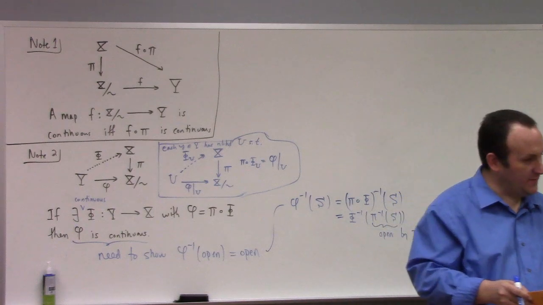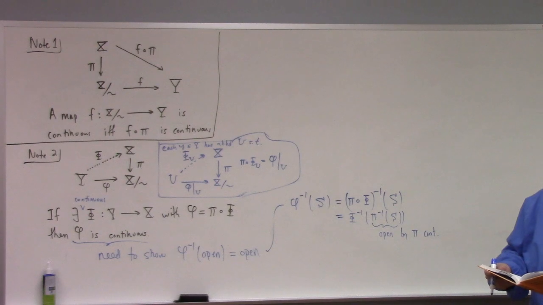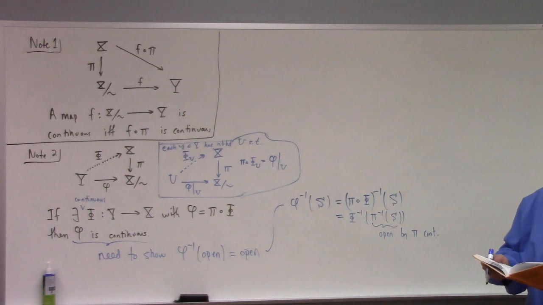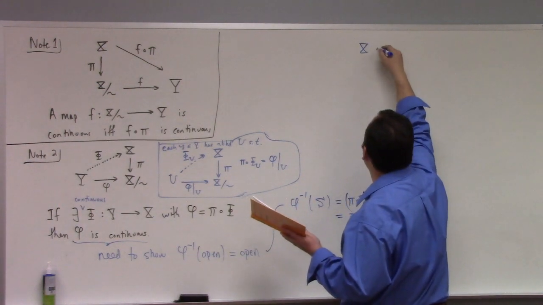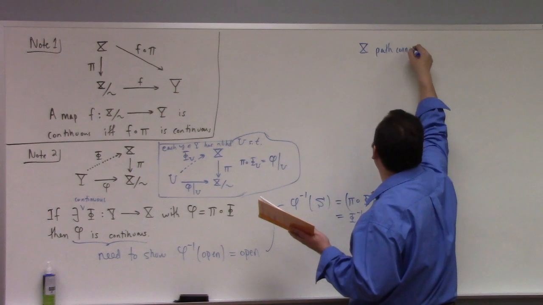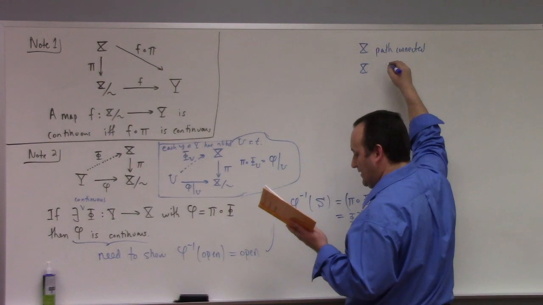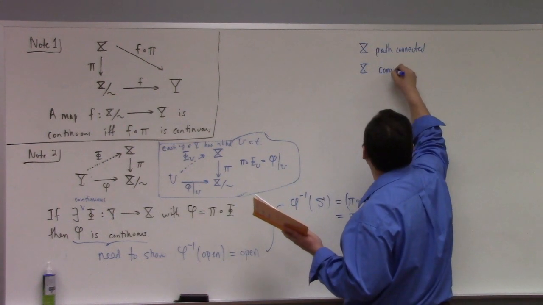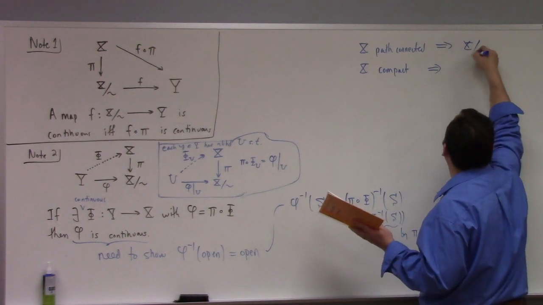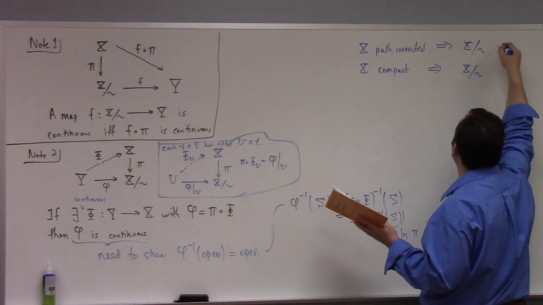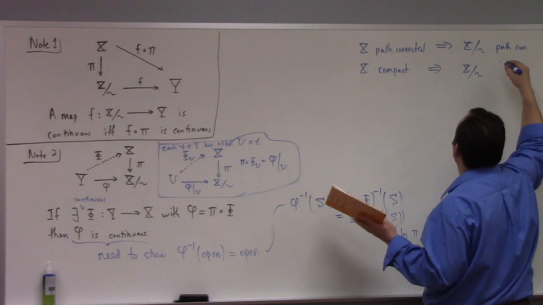Now the next couple pages here, action-packed. All right, so let's go on. First of all, he says X path connected, or X compact, imply that X mod tilde, the quotient space, is path connected, and the quotient space is compact.